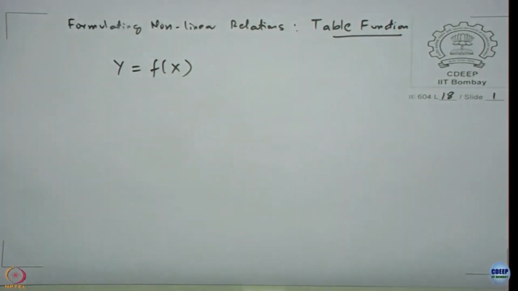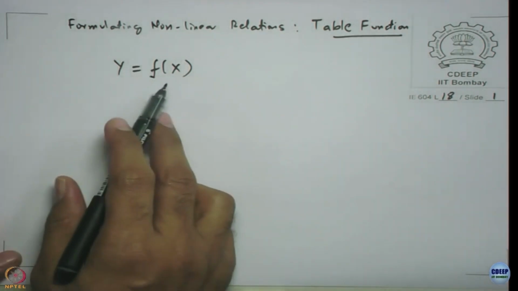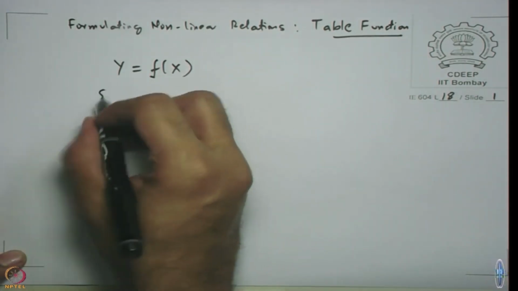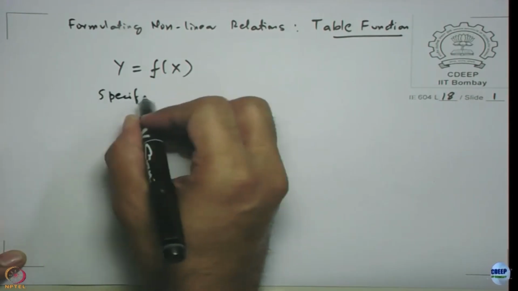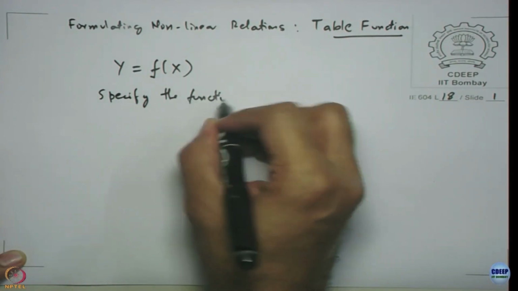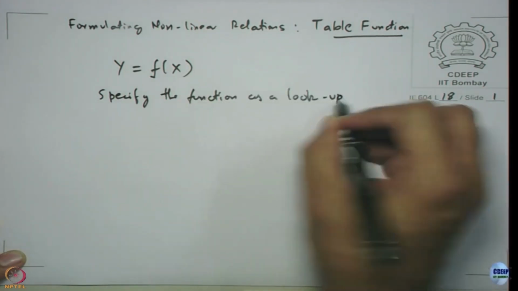Some function of x. Y is some particular function of x, but we do not know the exact analytical expression for this function of x. So, we specify the function as a lookup table.